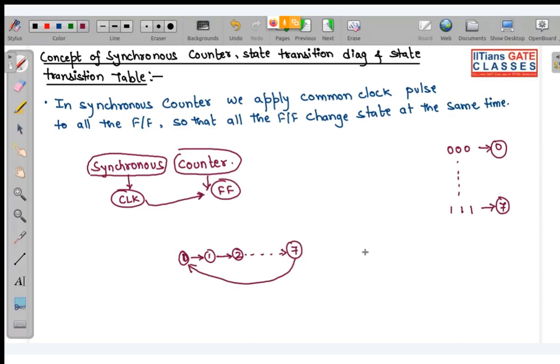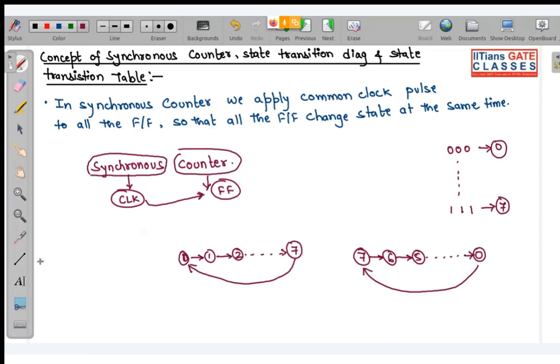Or your count can be like 7 to 6, 6 to 5, 5 to 4, then to 3, then to 1, then to 0, and then again back to 7.